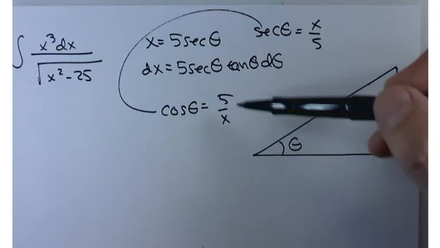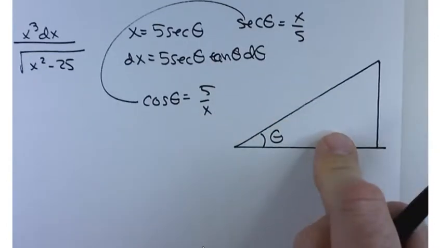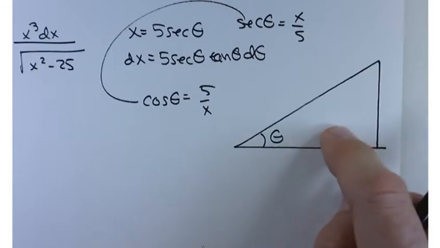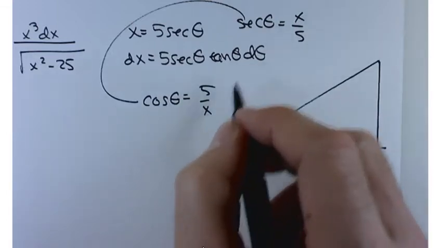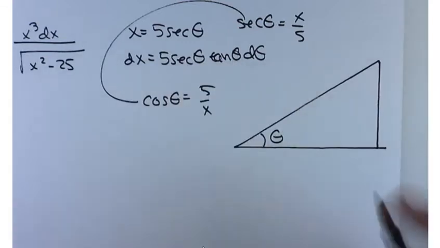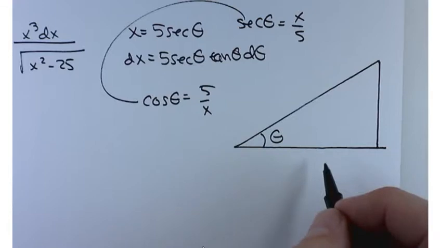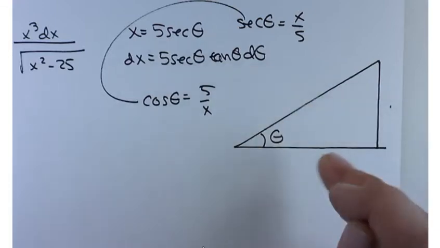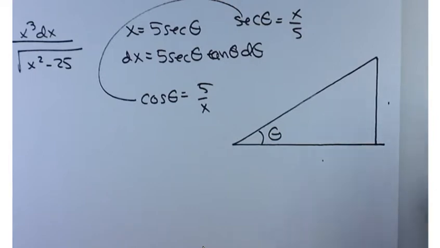Let's label some sides here. What can I start out with? Cosine of theta, so adjacent over hypotenuse. So where would I put the 5? Is it A, B, or C? Yeah, this one. So it'd be 5, the adjacent side.